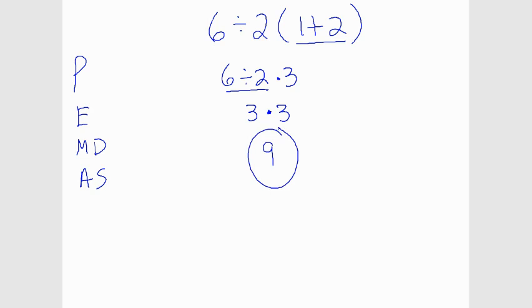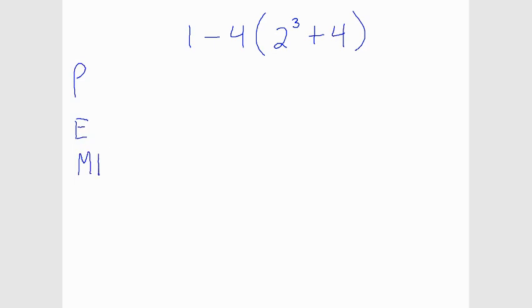Let's do one more that has a little bit more to it. So I'm going to put the problem 1 minus 4 times the quantity 2 cubed plus 4. I'll write my order of operations off to the side. Okay, parentheses come first, but within that parentheses is the exponent. So I have to do the exponent before the addition.